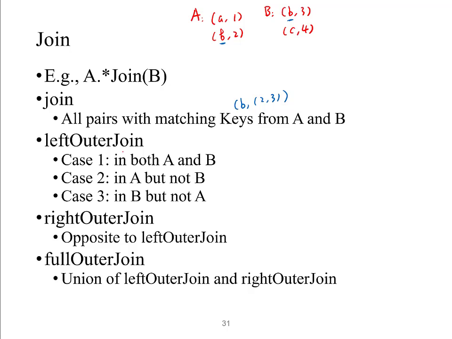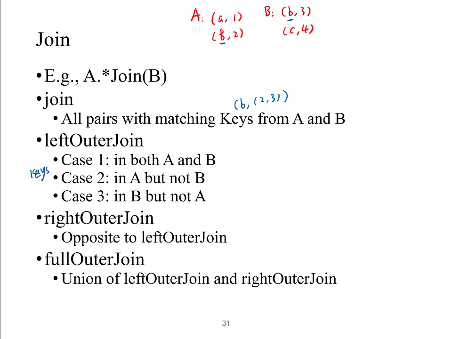All right. Now let's look at outer join. So we use a left outer join as an initial example here. So as you can see, there are 3 different cases for the keys.